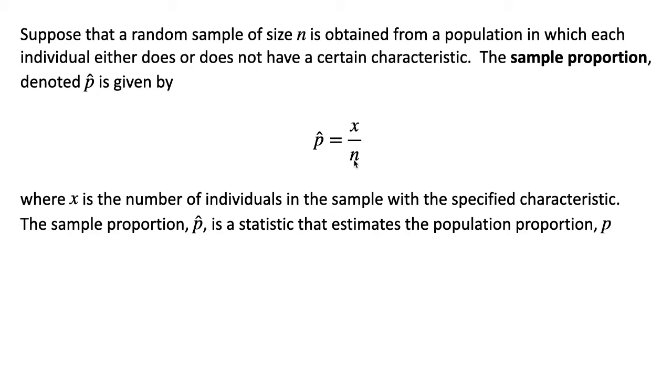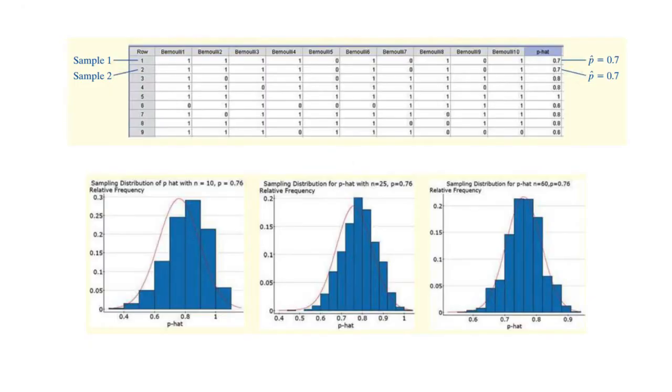And if you're in John Hickenlooper's camp, maybe you want to ask people, if the election were held today, would you vote for John Hickenlooper? And they would either say yes or no. If they say yes, we would encode that as a 1, and if they say no, we would encode it as a 0.